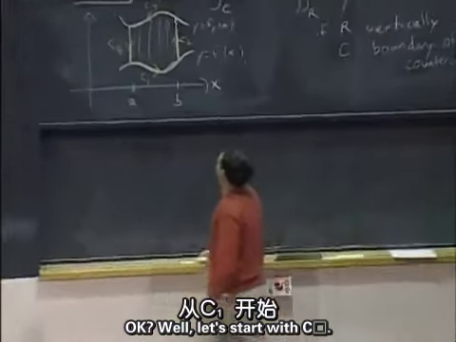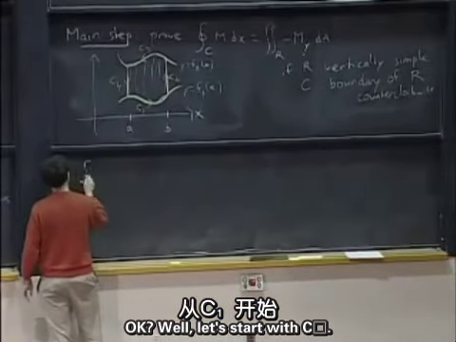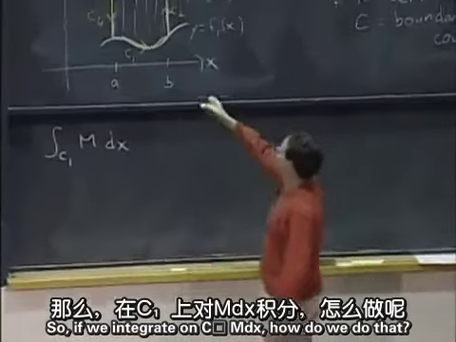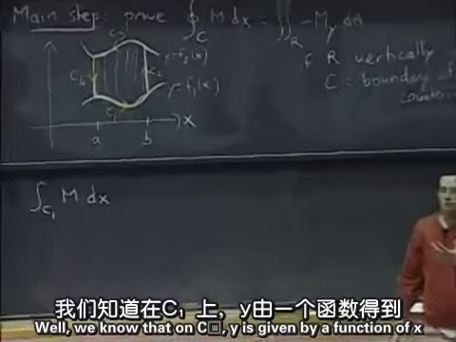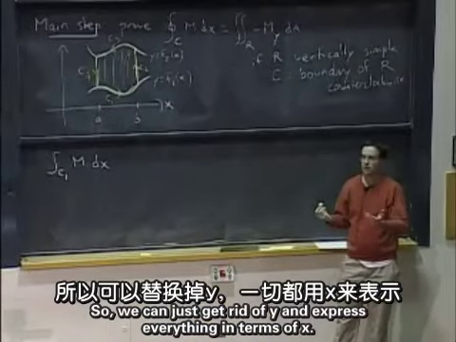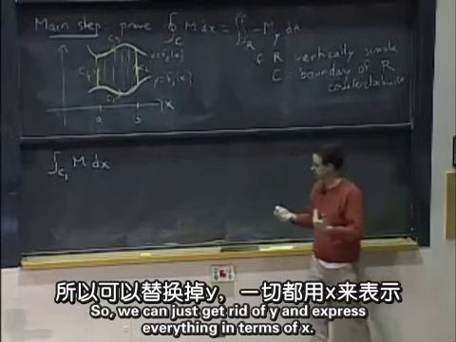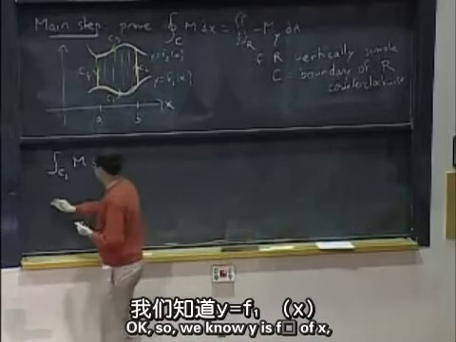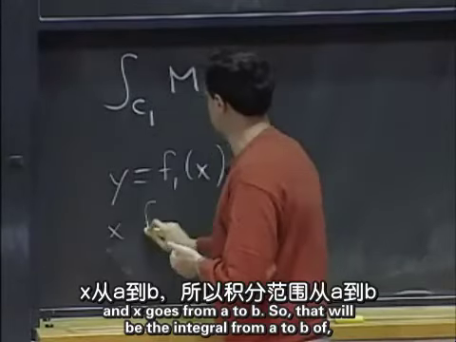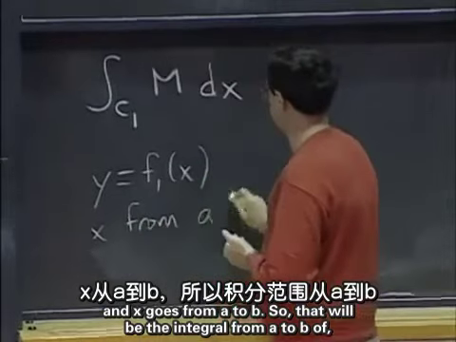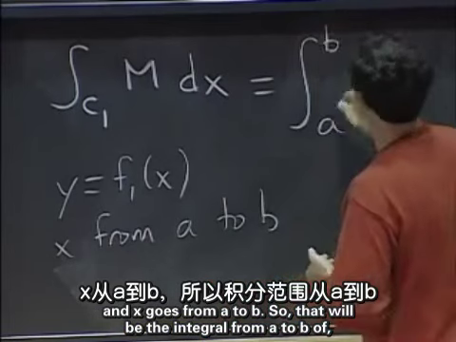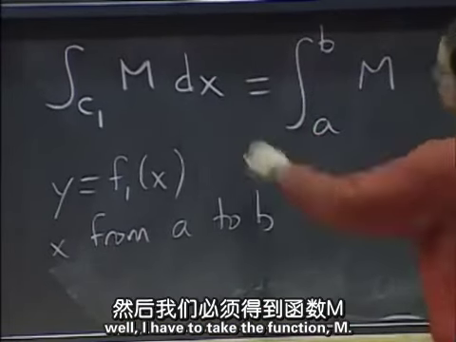Well, let's start with C1. So if we integrate on C1 m dx, how do we do that? Well, we know that on C1, y is given by a function of x. So we can just get rid of y and express everything in terms of x. Okay? So we know y is f1 of x, and x goes from A to B. So that will be the integral from A to B of, well, I have to take the function m.